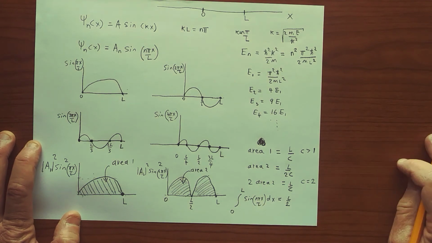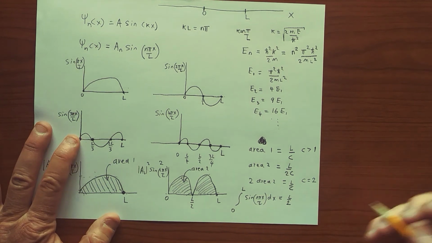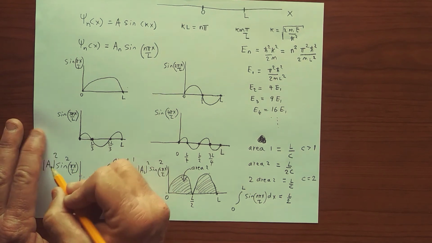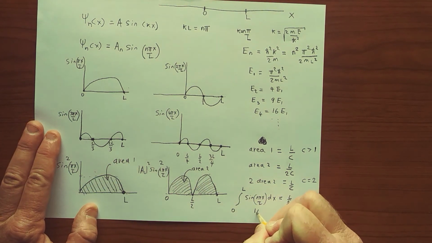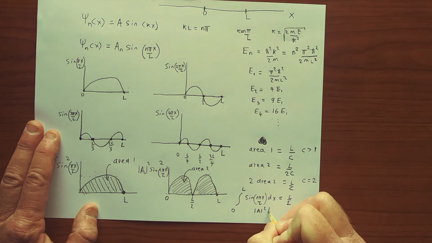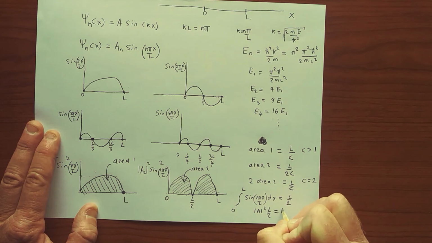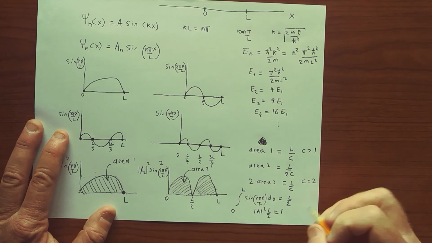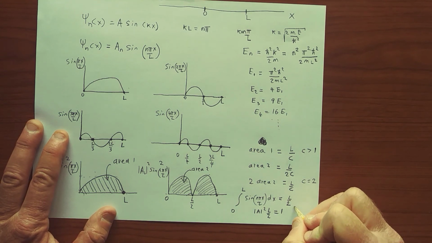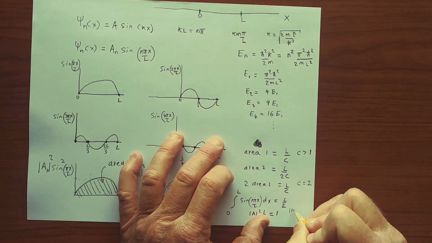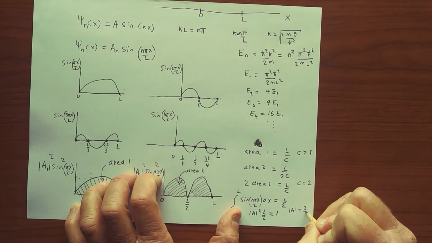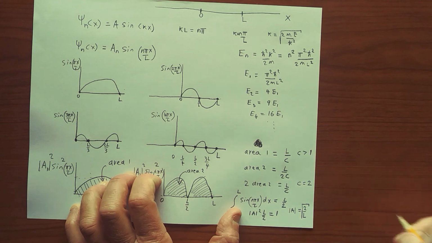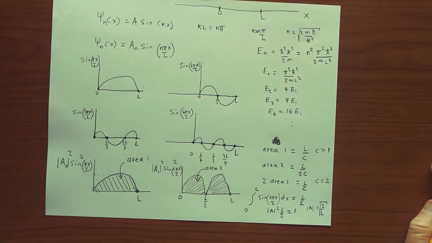So it's independent of n. And so when we bring in the A's, they're all the same. It's just one A. We'll do A modulus squared times L over 2. This has to equal 1. And so we get that the modulus of A is equal to the square root of 2 over L for all of our eigenfunctions.